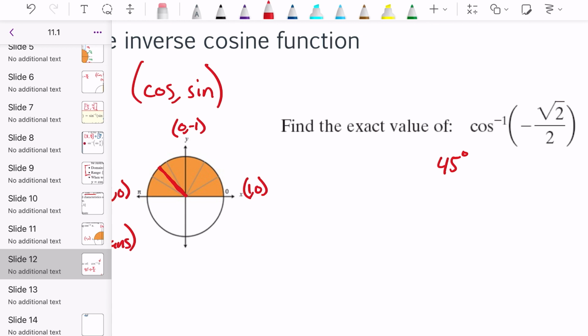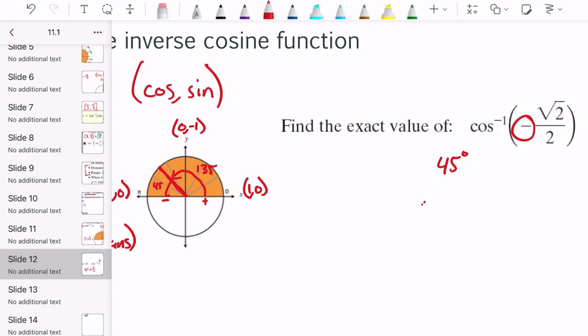Now, we are thinking in reference to the position of x and y. So this side would be negative, this side would be positive, as we're taking a look at the position and the value of our square root of 2 over 2. When we're looking at the value based off of the angle, what we're looking at is a reference angle of 45, which means that we would be going from the right side to our terminal side, and this would be 135.